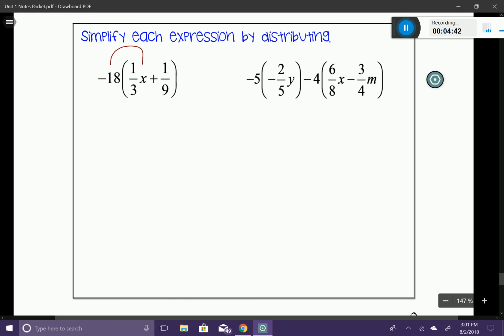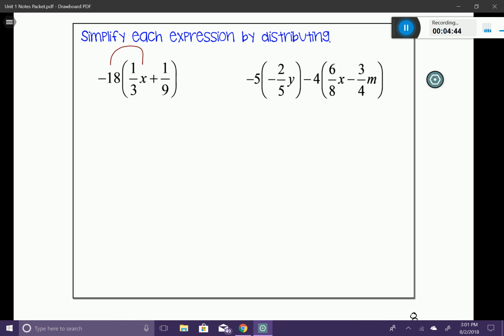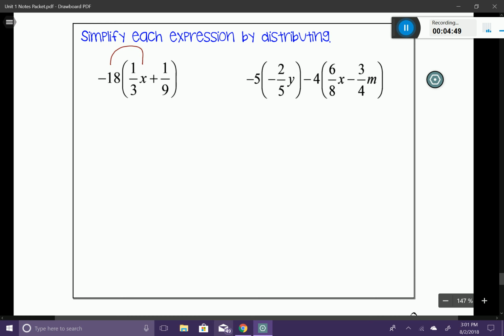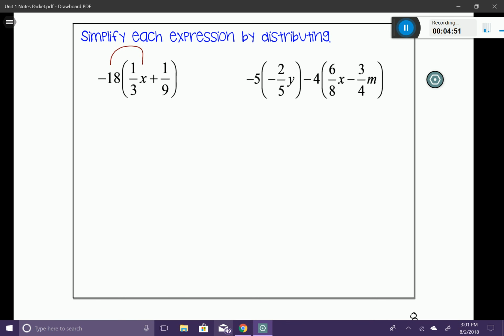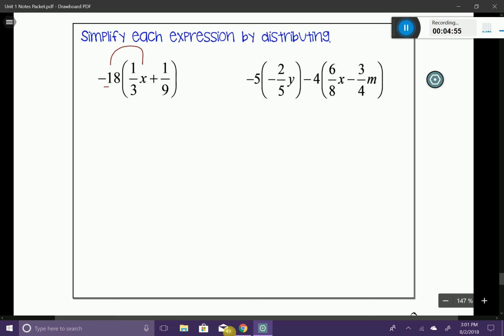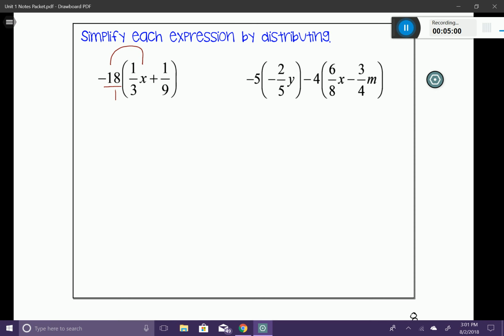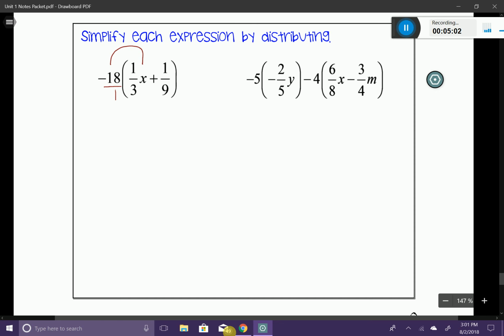So really all I'm doing here is saying negative 18 times 1/3. Well, I could do that in my calculator, but I don't really think we need to, because negative 18, if I were to just pop it over a 1, I could just multiply straight across, right? And it's really saying negative 18 divided by 3, and that's going to give me negative 6x.